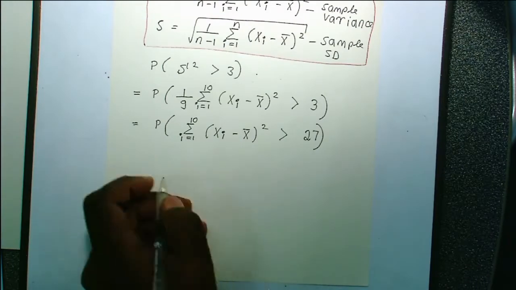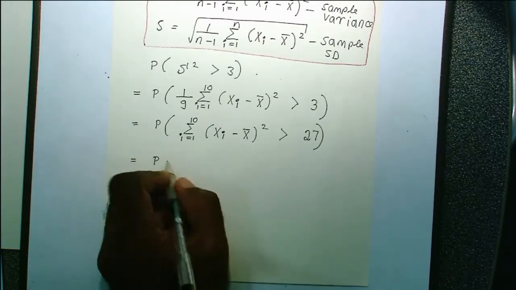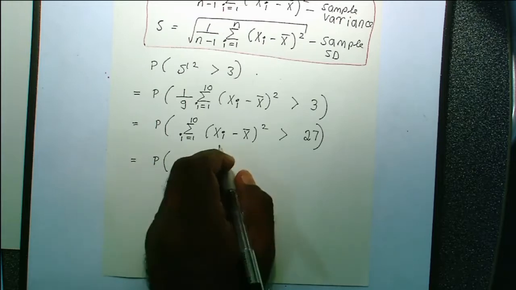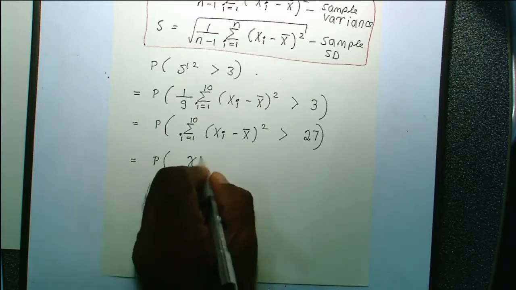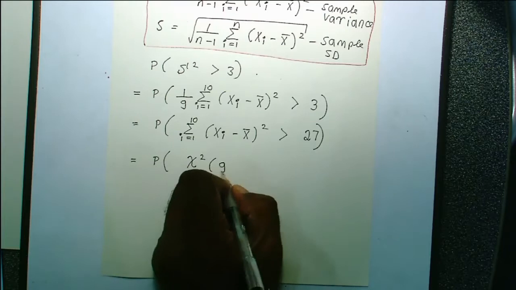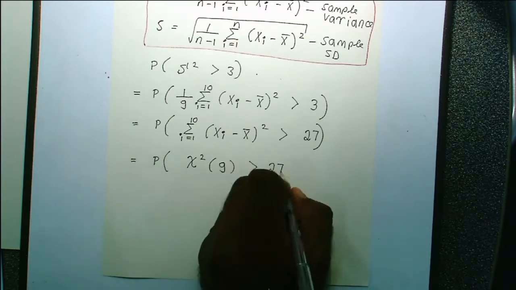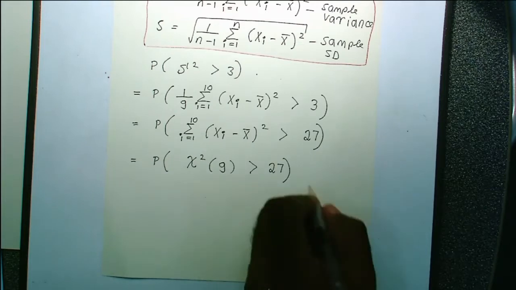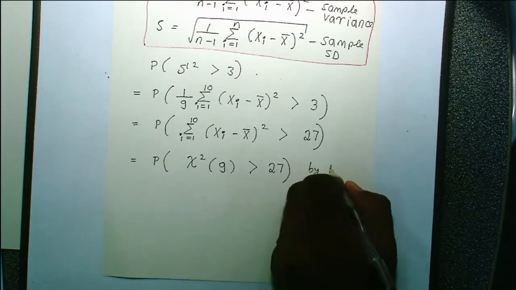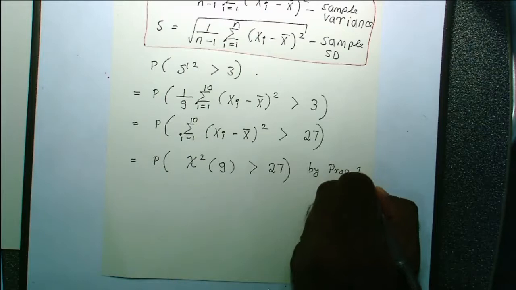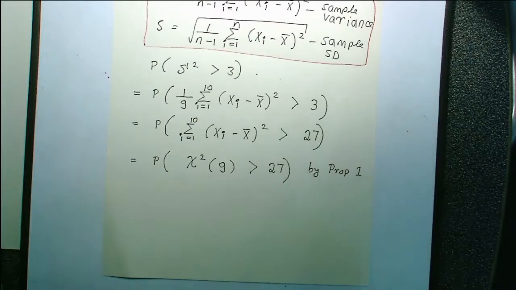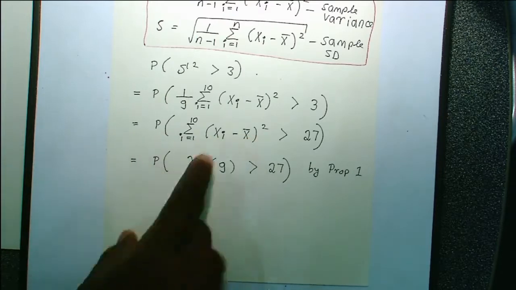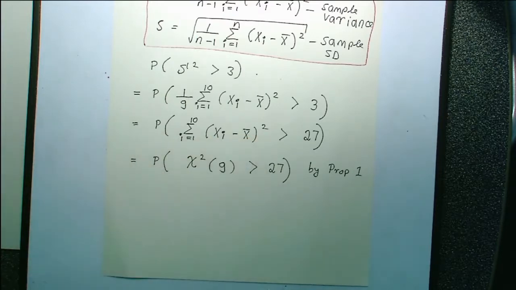Come on, guys. What distribution will this have? Chi-squared with, yes? All right, by property number 1 of the chi-square distribution, this guy here will have a chi-square distribution with 9 degree of freedom, or a equal to 9, right? Okay.